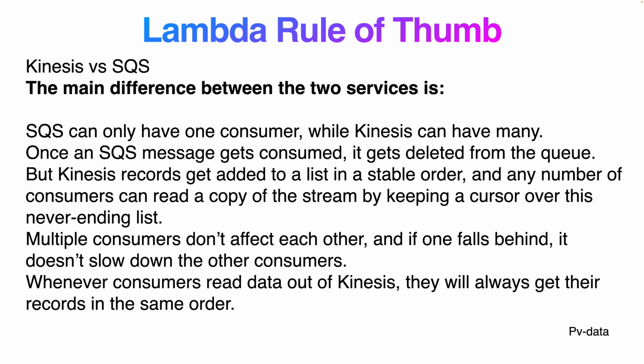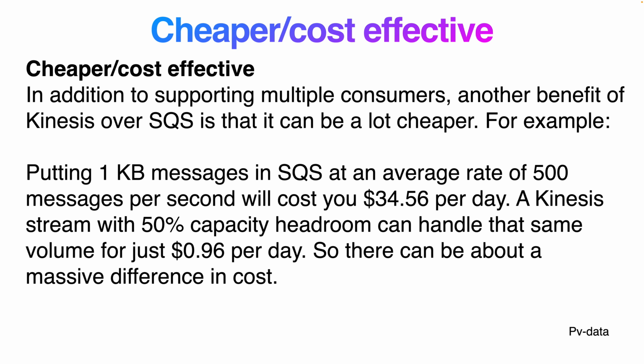Multiple consumers don't affect each other, and if one falls behind, it doesn't slow down the other consumers. Whenever consumers read data out of Kinesis, they will always get their records in the same order.